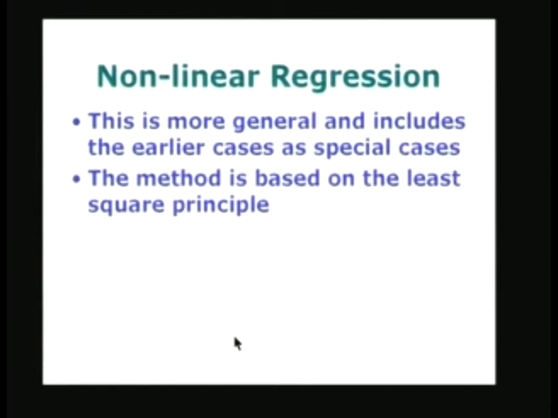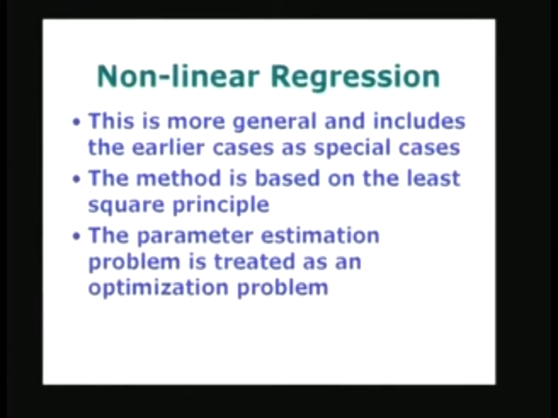The method again is based on the least square principle, and the parameter estimation problem. If you remember, the least square principle gives me the sum of squares of differences between the data values which are given and the values obtained by the regression line or regression curve.